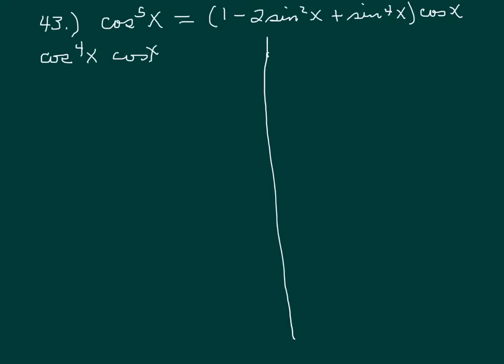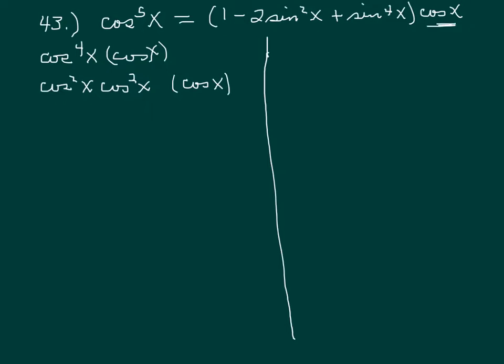Now I need to make cosine fourth x look something like this. Cosine fourth x is cosine squared x times the cosine squared x, and then I still have my term. I'll put parentheses around it just so you can see I'm just carrying it along. I want that in the end because it appears here.